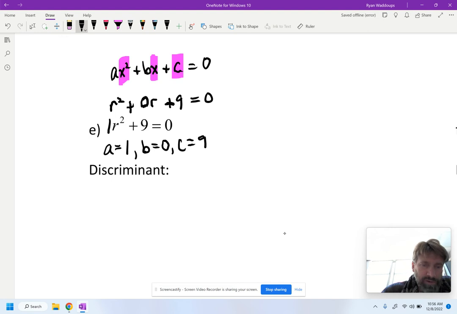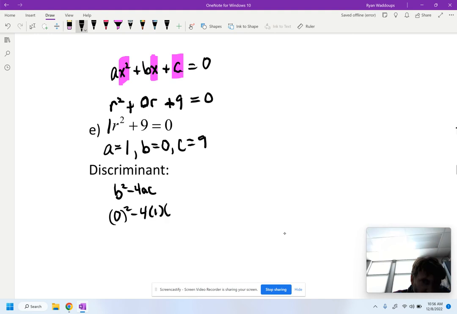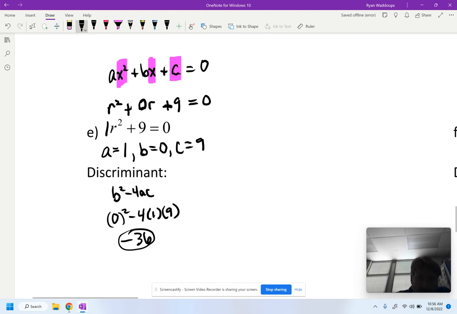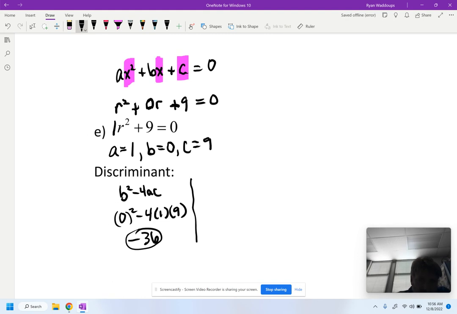And so my discriminant, b squared minus 4ac: b is 0 squared, minus 4 times a, 1, and c, 9. And 0 squared is 0, so I've got minus 4 times 1 times 9, which is negative 36. Once again, because we see that negative discriminant, we're going to have two non-real solutions.